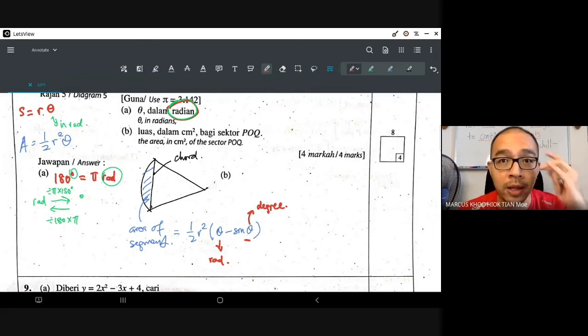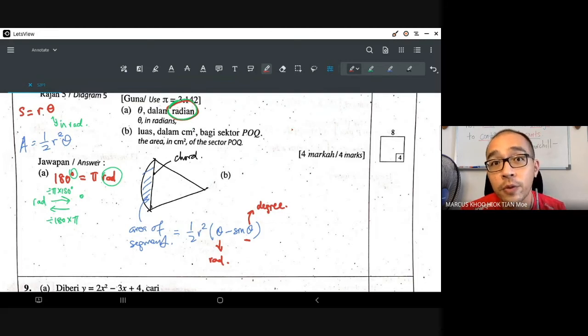I'm speaking to those of you who are told to use radian mode. You can use radian mode, but you have to be very, very sure that after this question is over, you have to change your calculator back into degree mode.